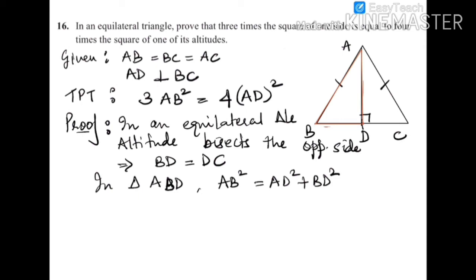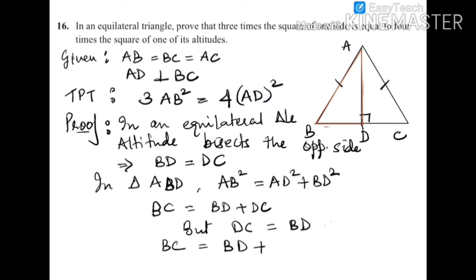So from the figure, BC is BD plus DC and BD is equal to DC. BC is equal to BD plus DC, but DC is equal to BD. So we will replace DC by BD in the above equation. So we get BC equal to 2 times BD. This implies that BD is equal to half BC.